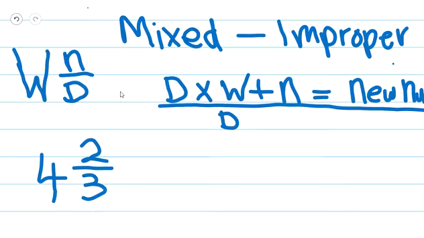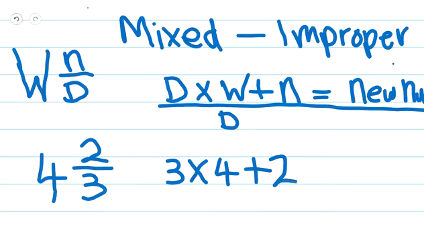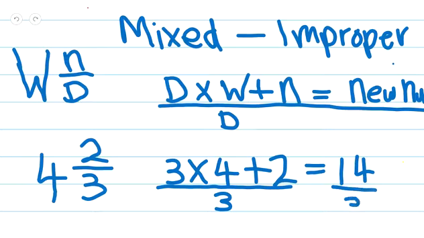So we have the denominator, which is 3, multiplied by the whole number, which is 4, plus the numerator, which is 2. That's going to give us the new numerator. So 3 times 4 is 12, 12 plus 2 is 14. So the new numerator is 14. Our denominator stays the same, which is 3, so we'll just bring our 3 back over here.